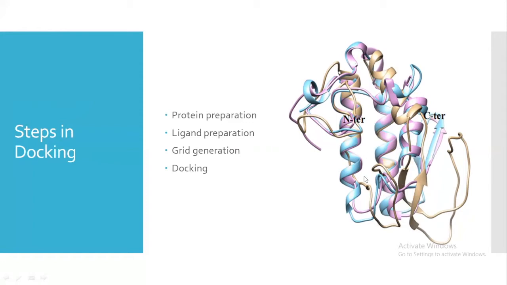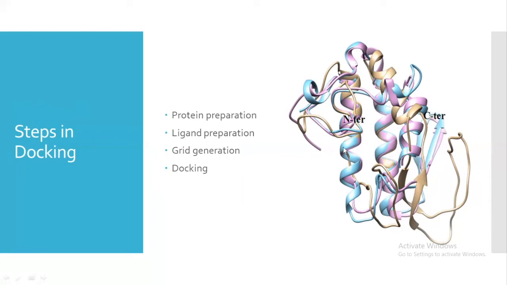Then I will choose this particular space and make a grid. Okay, a grid is a box. Once I make this grid, the ligand will only focus on this particular binding site and not the entire protein. This is the difference between targeted docking and blind docking.